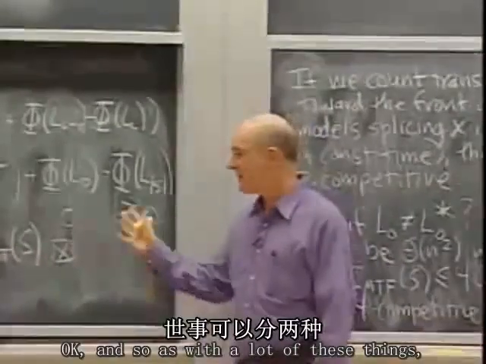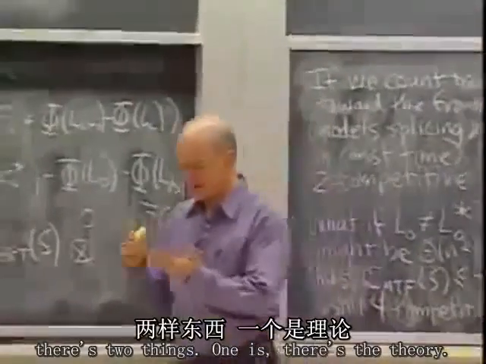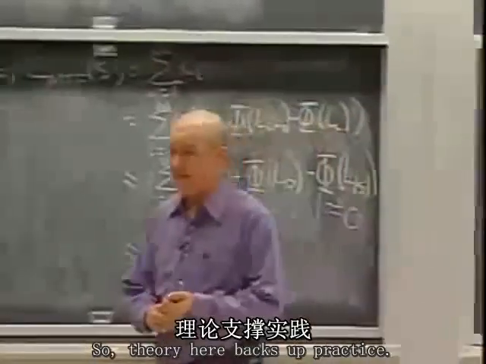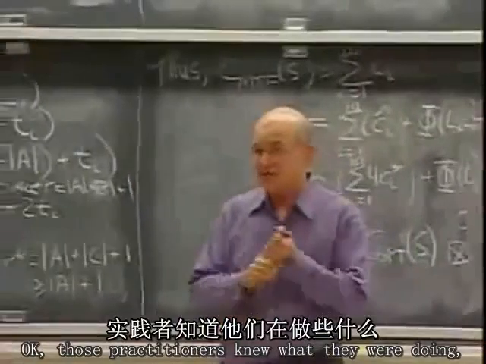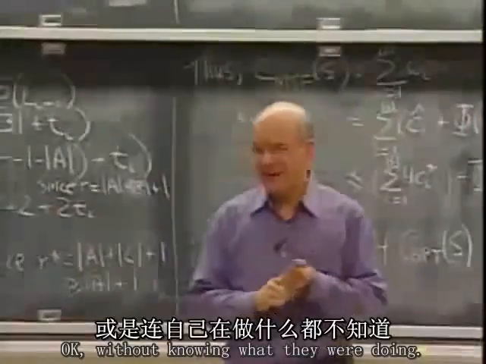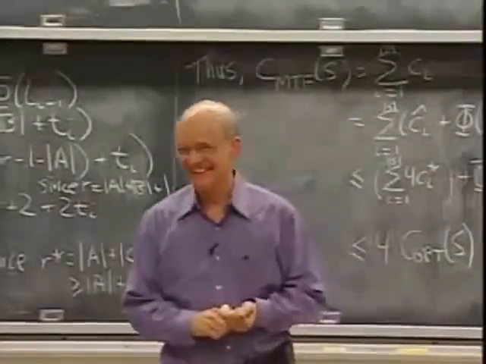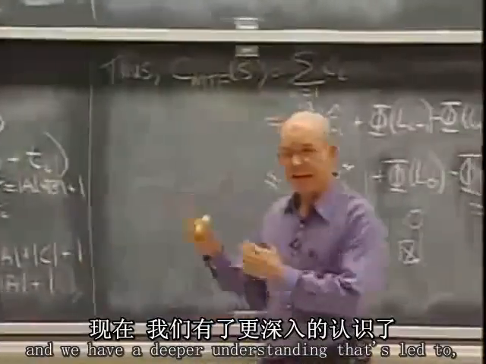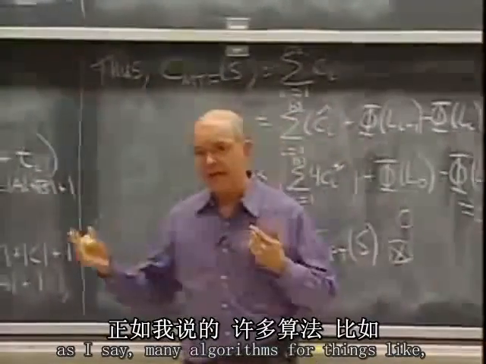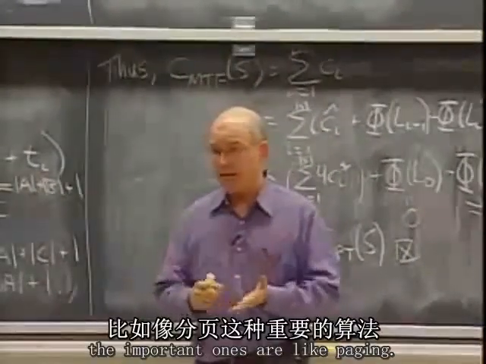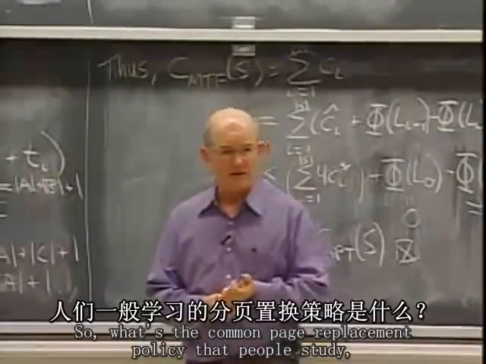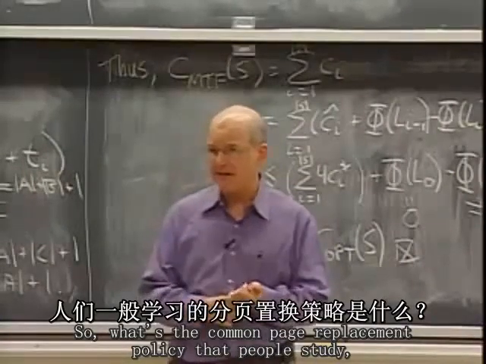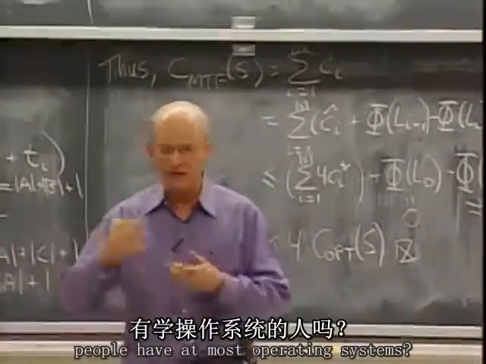And as with a lot of these things, there are two things. One is there's the theory. So theory here backs up practice. Those practitioners knew what they were doing without knowing what they were doing. So that's really good. And we have a deeper understanding that's led to many algorithms for things like paging. What's the common page replacement policy that people have in most operating systems?